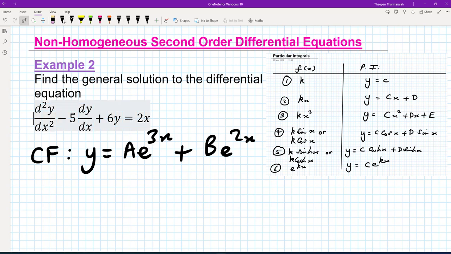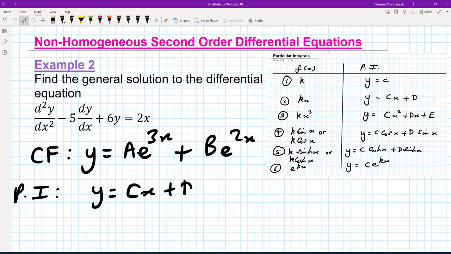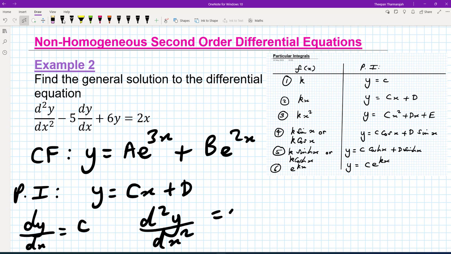So our particular integral, according to the table, is k times x, so it'll be y is cx plus d. We differentiate this, so we get dy by dx equals c, d2y by dx squared is 0.